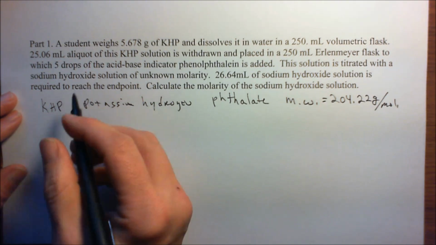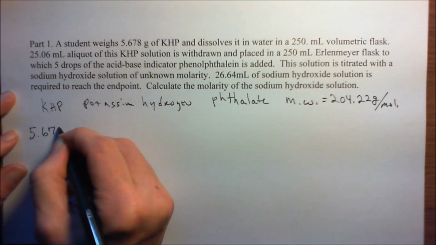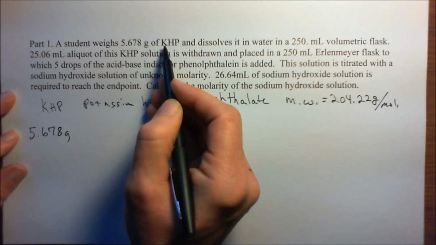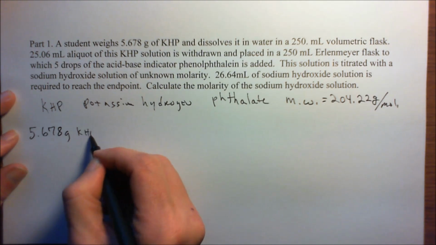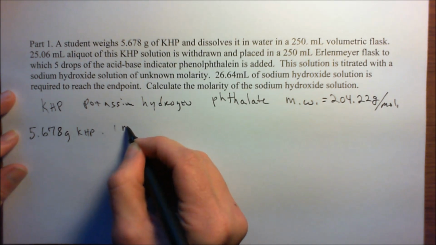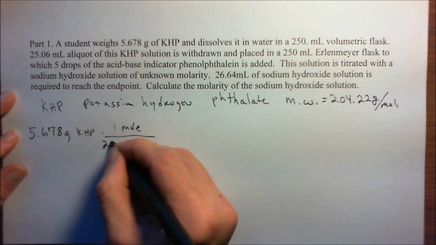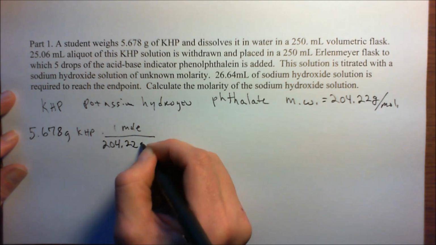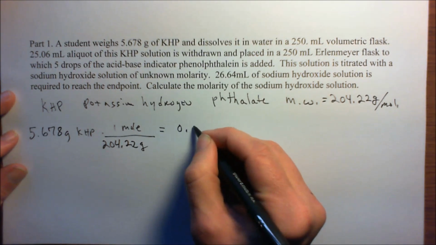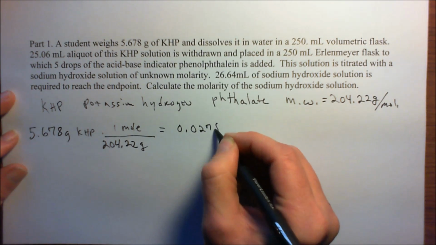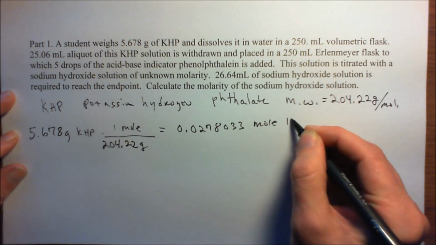So why don't we go ahead and get the number of moles first. It's 5.678 grams of KHP, and we know that 1 mole of this is 204.22 grams, and that gives us 0.0278033 moles KHP.